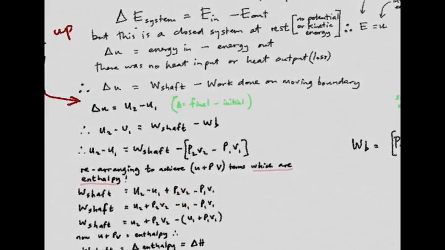So we're almost there. Remember what we're trying to do? We're trying to get a U plus PV term. So this is okay. But on this side, this is negative U1 minus P1V1, which doesn't help us. We want U1 plus P1V1. So simply put a bracket around it and put a minus sign in front of it. So there is an enthalpy term, and there is an enthalpy term.